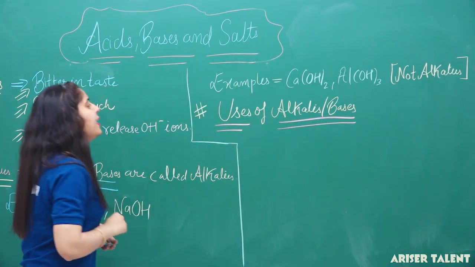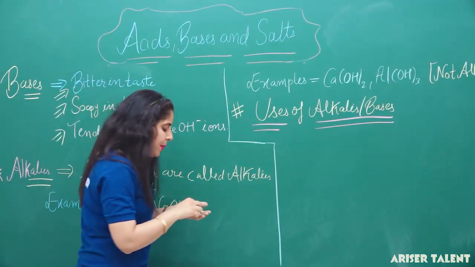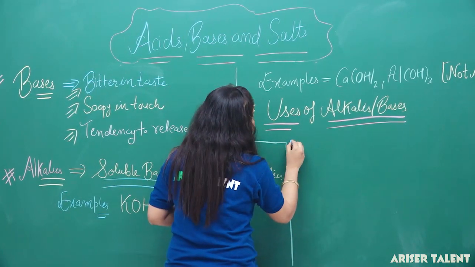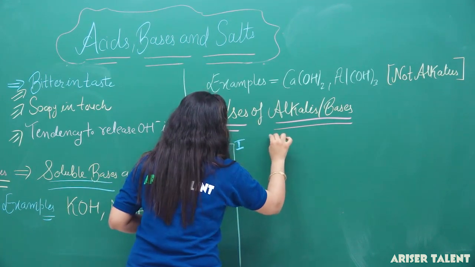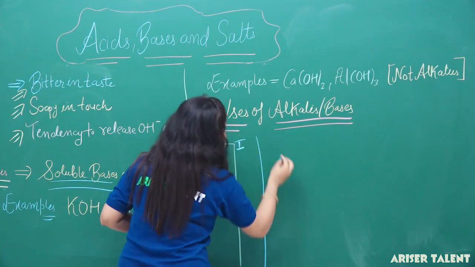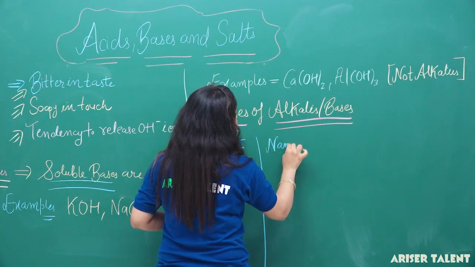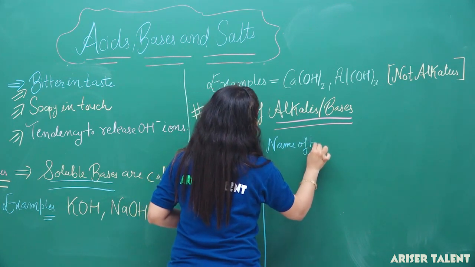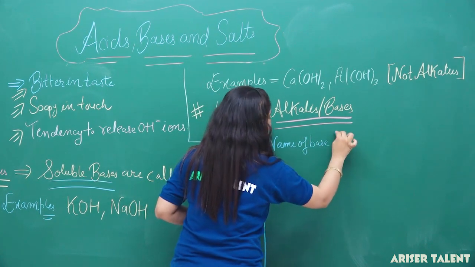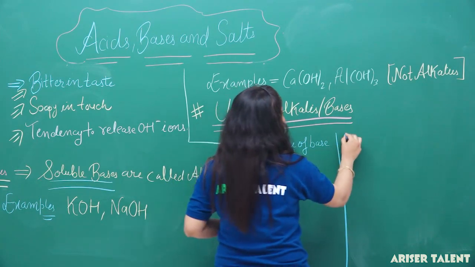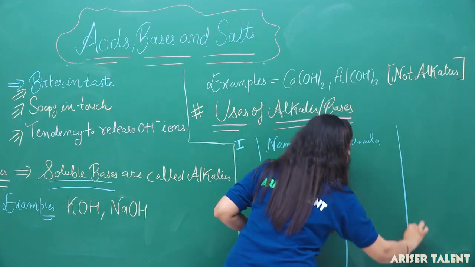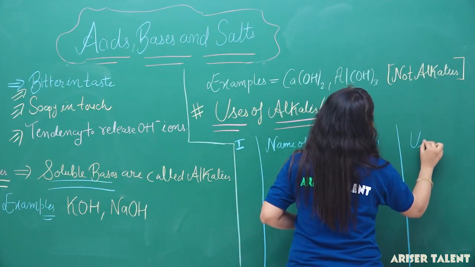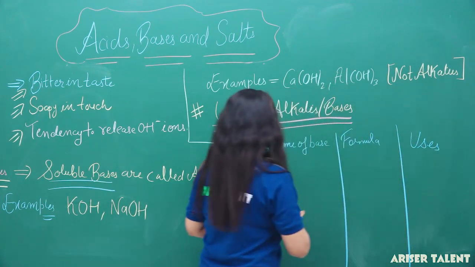In this category, firstly we will write the serial number here. Then our next column will be name of base. Then we will write its formula. And the third column is about its uses.